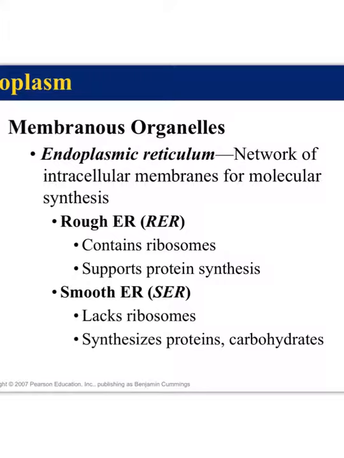The structural difference between rough and smooth endoplasmic reticulum is, again, that rough ER contains ribosomes studded in its membrane, and that helps it to do the job of supporting protein synthesis and helping with the packaging and moving of those proteins. And the smooth ER, which does not have ribosomes studded in it, also does some protein synthesis, but it also makes carbohydrates as well.